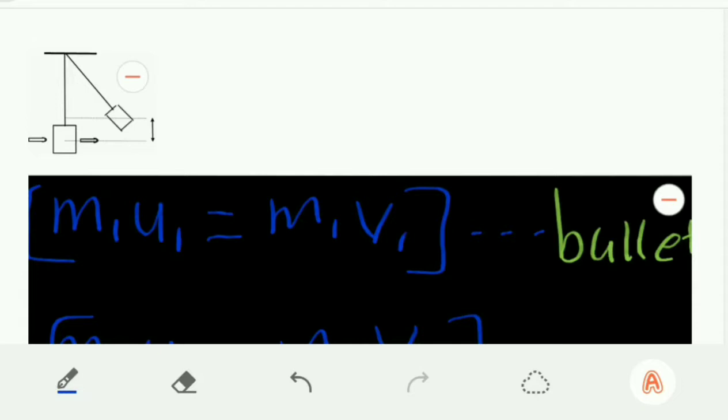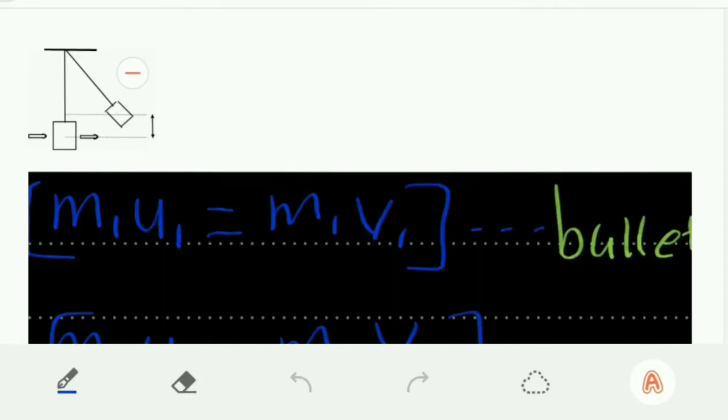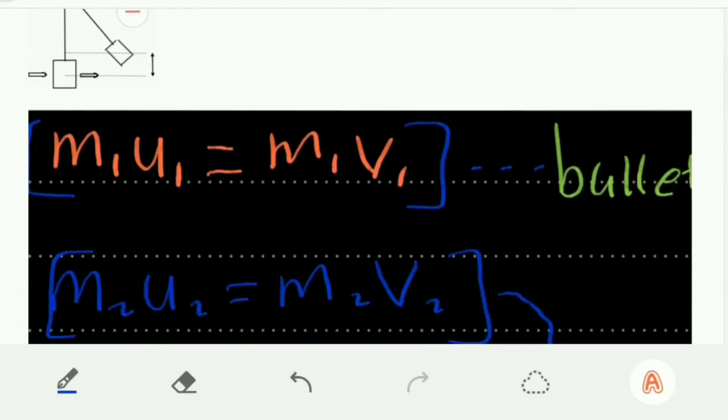So m1 is moving with an initial velocity of u1, and it's going to have some final speed after emerging out of the block. So m1 u1 equals m1 v1. This is the momentum of the bullet. So what about the block then?